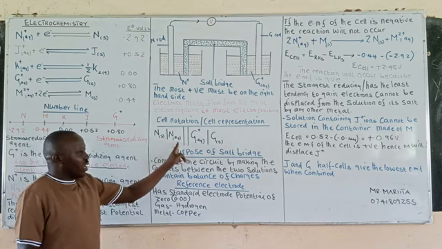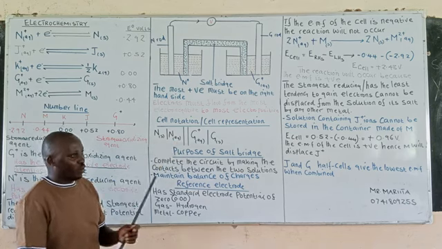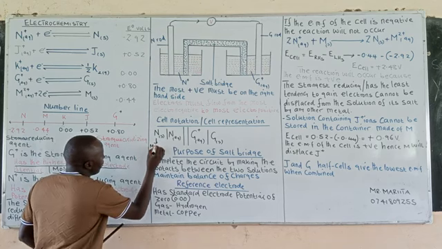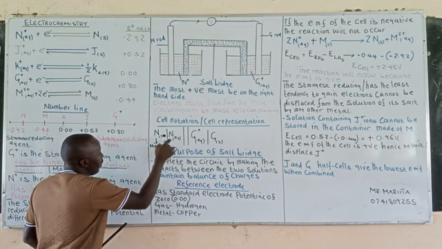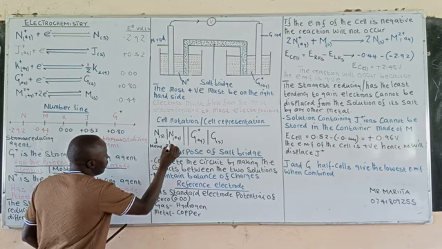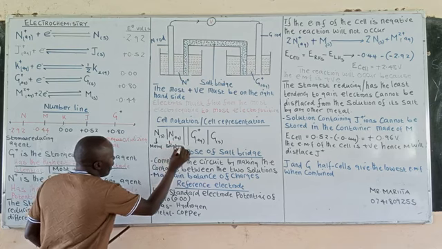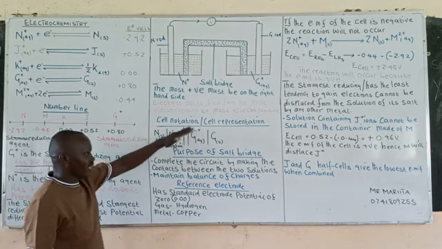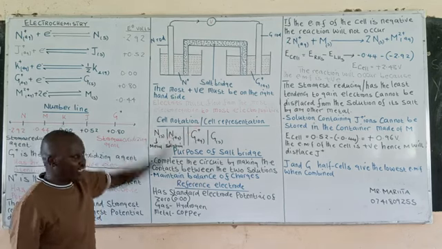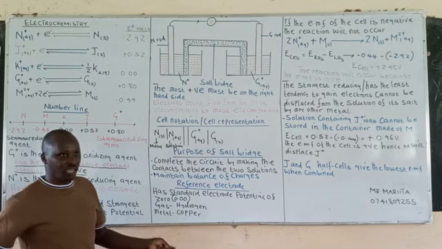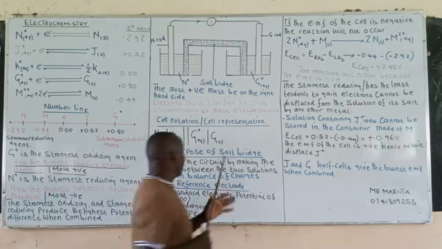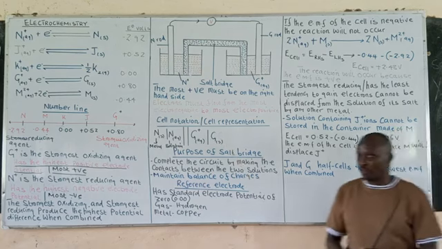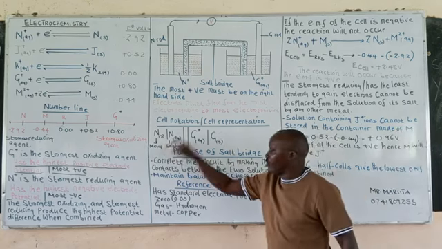This one here is metal N, and this one is the solution of N. So you must identify it like this, that it must be high in the reactivity series. But now the other thing that you have to do, if you want to draw the half cells, is first of all, identify a metal and a solution.